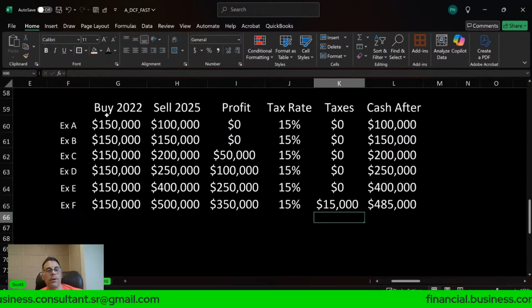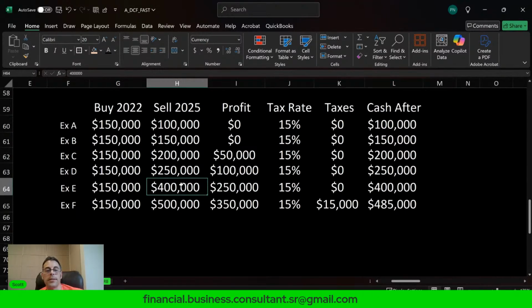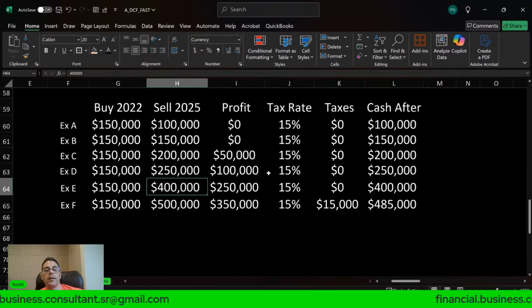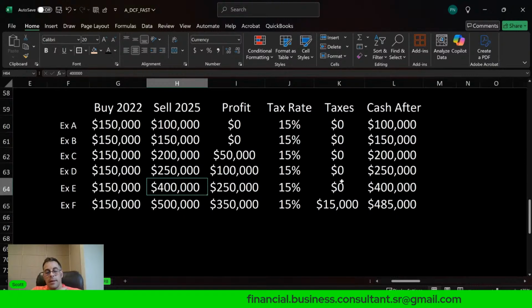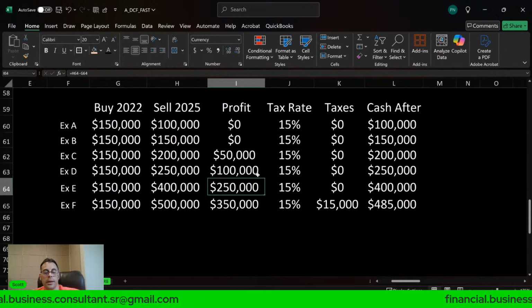So if you buy a home for $150,000, you can sell it for $400,000. That means you profited $250,000 from the sale, and you pay 0 in taxes because the first $250,000 is a credit.